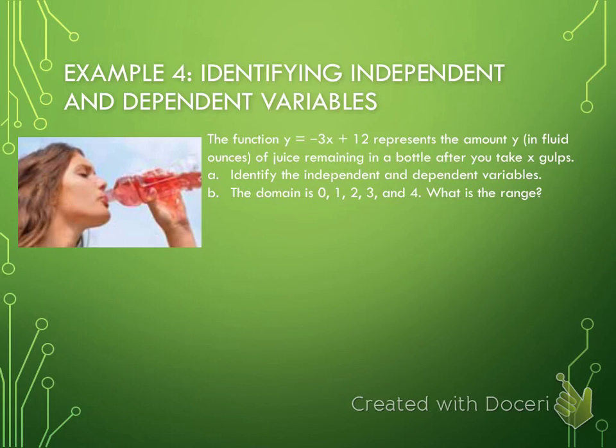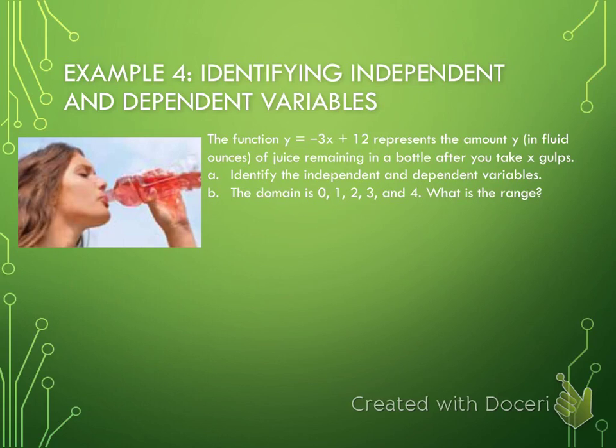So now we can look here at an example that would help identify independent and dependent variables. We have this function, y equals -3x plus 12, and it represents the amount y, in fluid ounces, of juice that remains in a bottle after you take x gulps. So let's identify the independent and dependent variables.